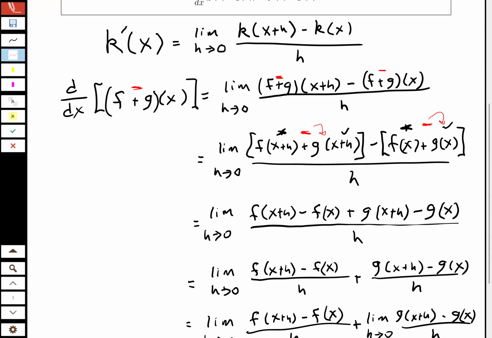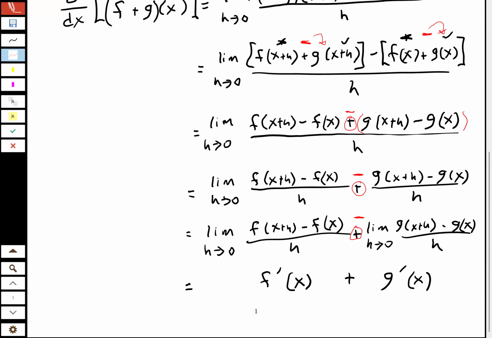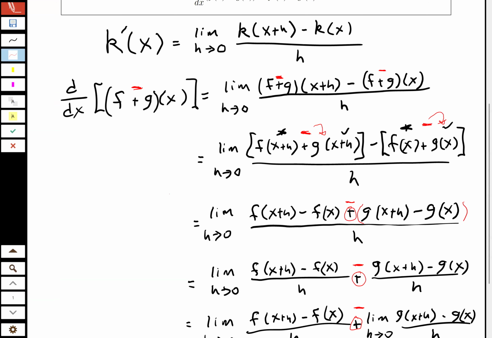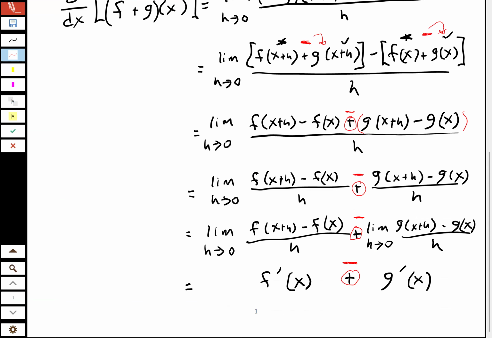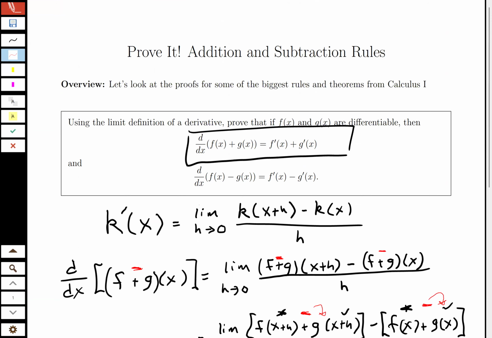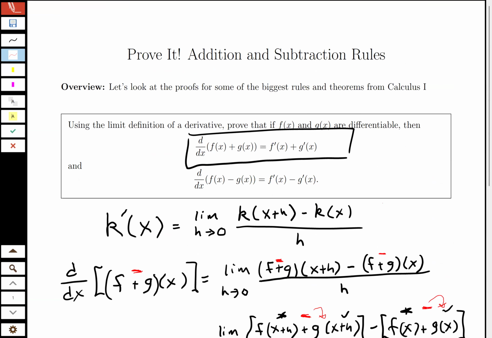So I actually have right here subtraction of that quantity. So I'm going to flip that center sign because I have a minus in between the f and the g. And I would get the same thing here for the subtraction rule, following exactly the same steps, just changing that sign in the center. So that was a formal proof for the addition formula and an outline of what that proof looks like for the subtraction formula.